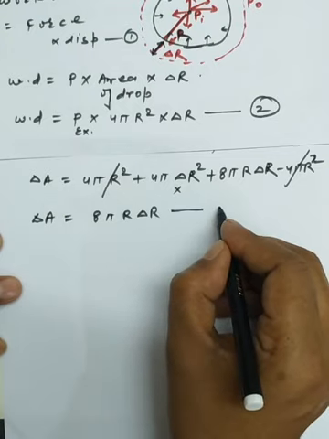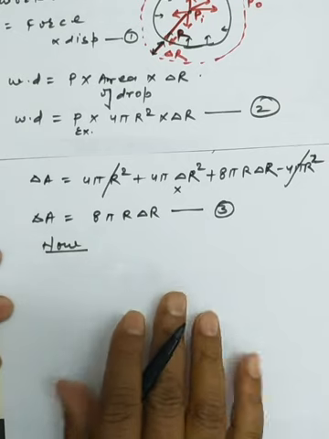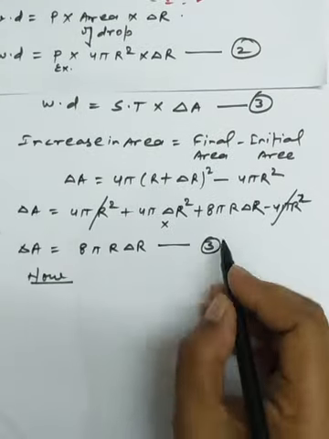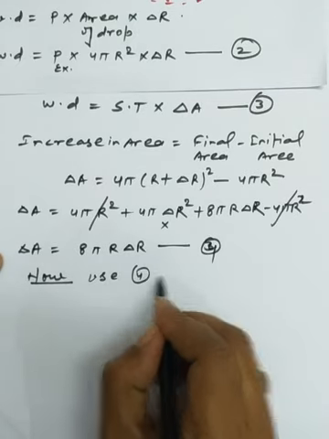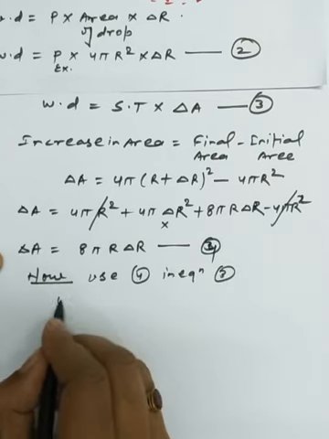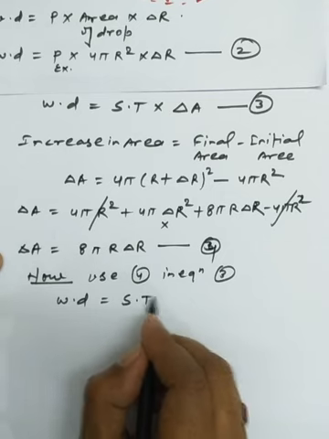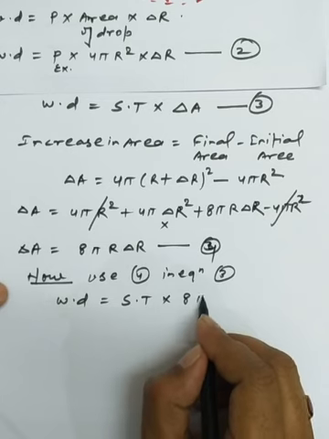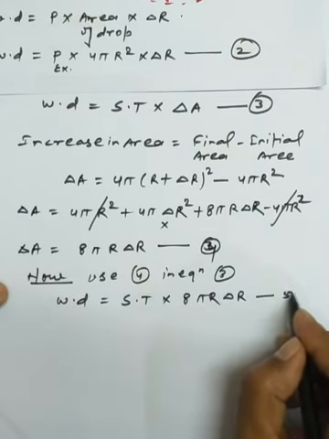This is equation number 4 we have. Now use 4 in equation number 3. So we get the work done, the surface tension into the increase in area, that is surface tension into 8 pi r delta r. This is equation number 5 we have.